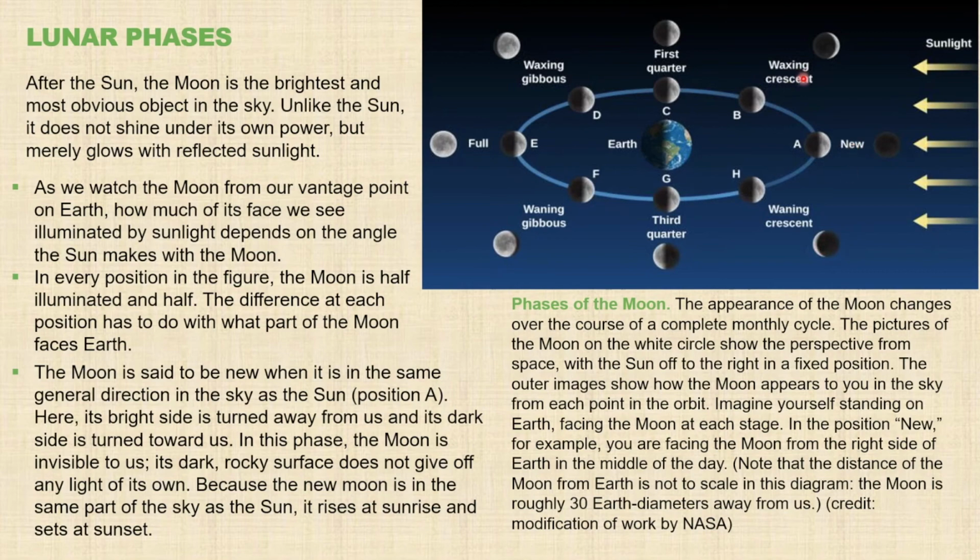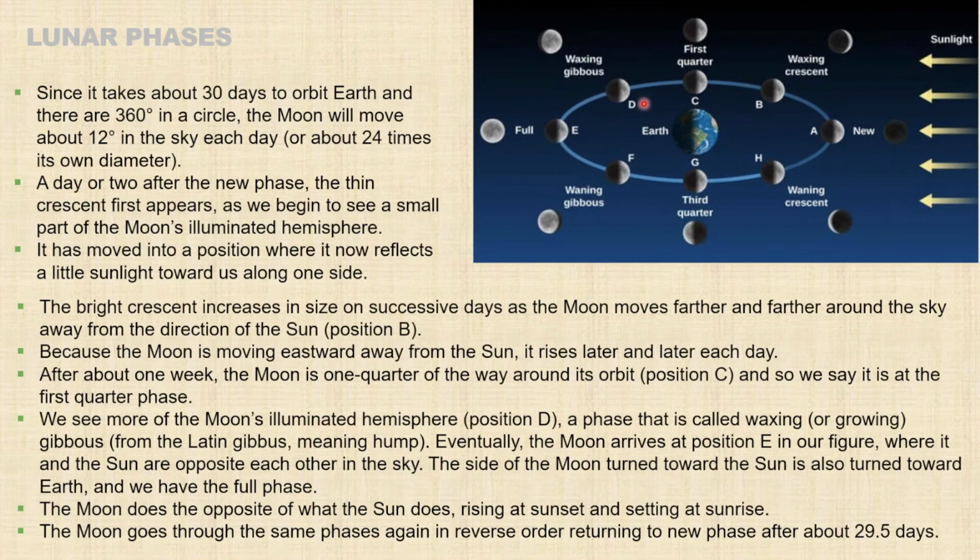So waxing crescent, first quarter, waxing gibbous, full moon, waning gibbous, third quarter, and waning crescent, and back to new moon, and the moon completes this cycle. Here, same thing, more continued, the lunar phase.